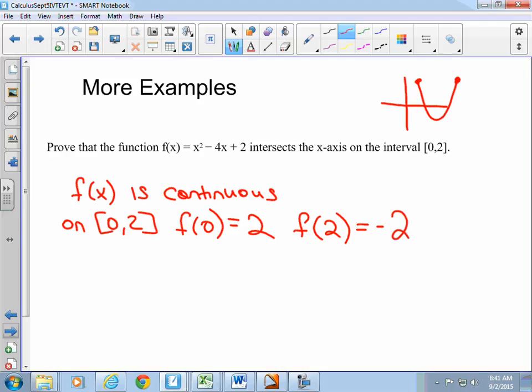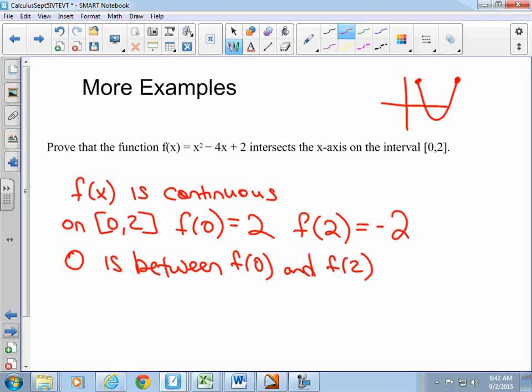And then what would I say? 0 is between 2 and negative 2, 0 is between f of 0 and f of 2.